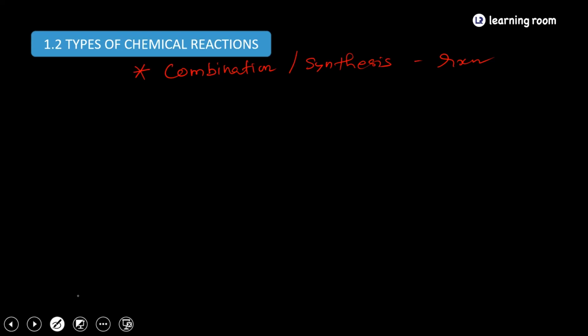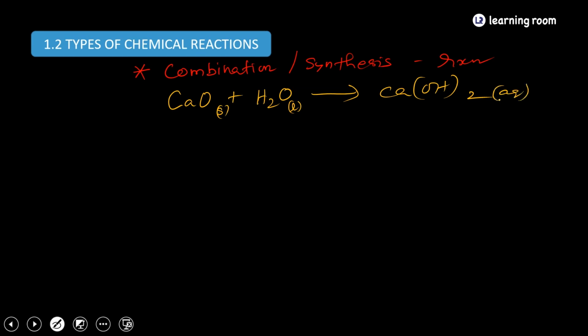For example, calcium oxide reacted with water gives calcium hydroxide. This will be liquid, this will be solid, then this will be aqueous. This is known as a combination reaction.